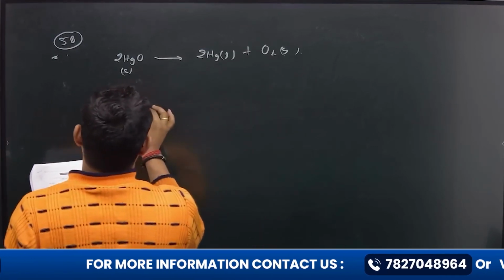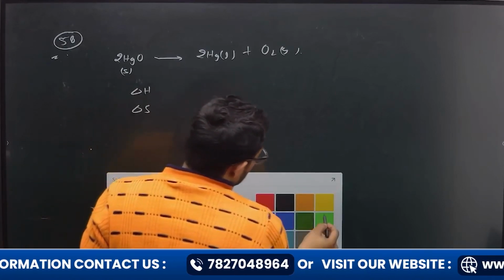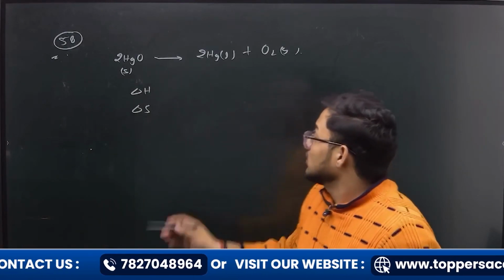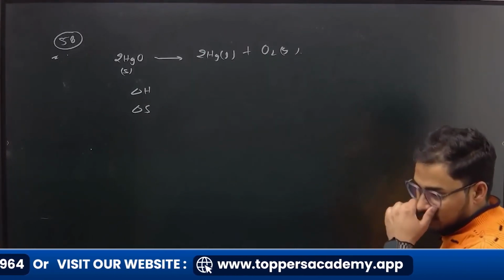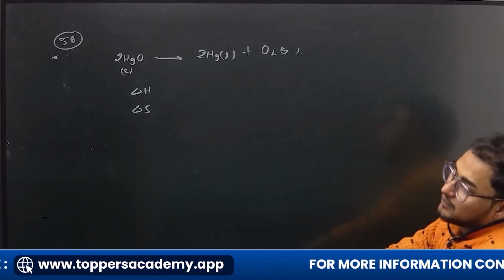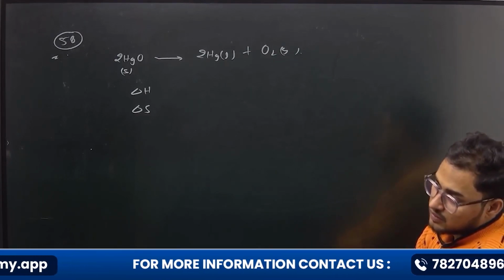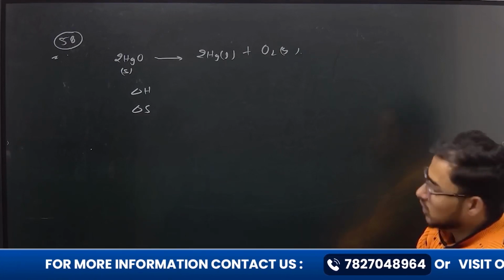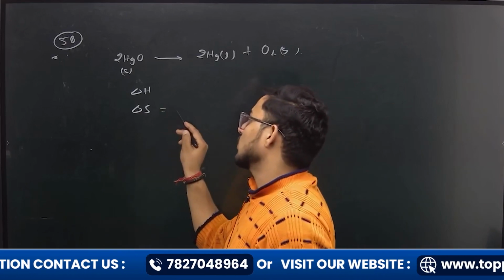We will have to tell about delta H and delta S. First of all, you will see that on the left hand side there is solid and on the right hand side there is gas. So obviously the randomness is going to increase, because the molecules of gas are more random, having more disarrangement as compared to the molecules of solid. So the change in entropy is going to increase, so it is more than 0, or positive.